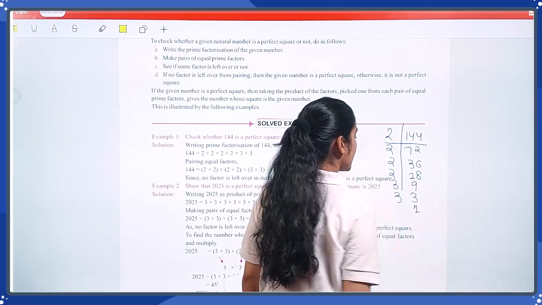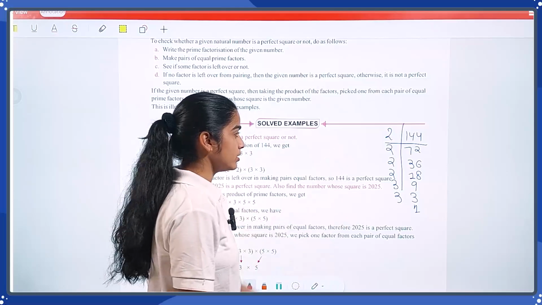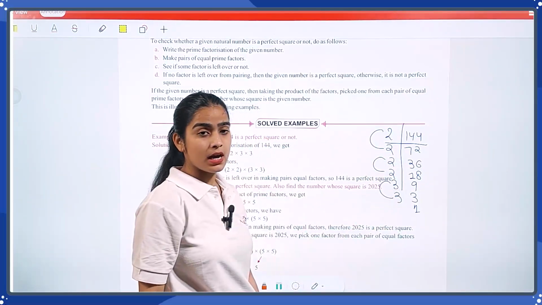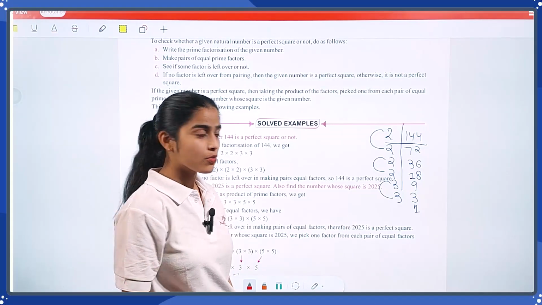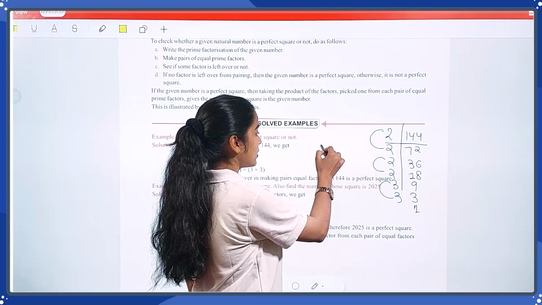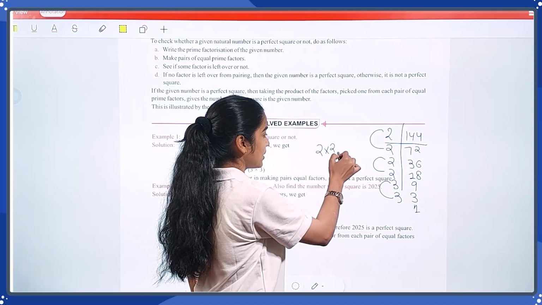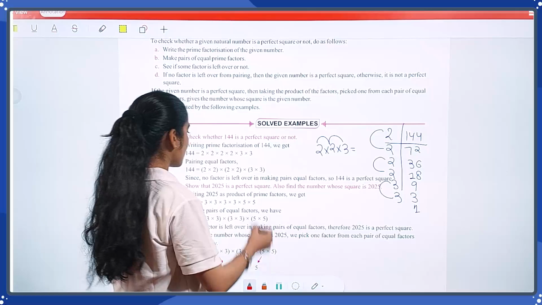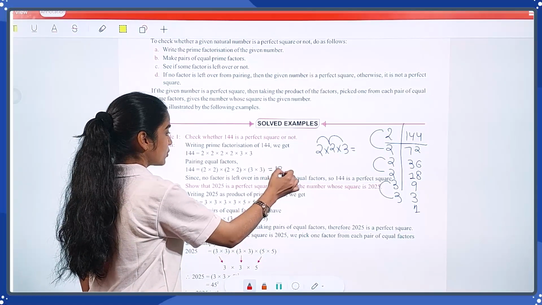Now we make pairs of these numbers together. So this is a pair, a pair and a pair. It means it is an example of a perfect square, because all numbers have their pair. So 2 multiplied by 2 multiplied by 3: 2 times 2 is 4, 4 times 3 is 12. So the square root of 144 is 12.